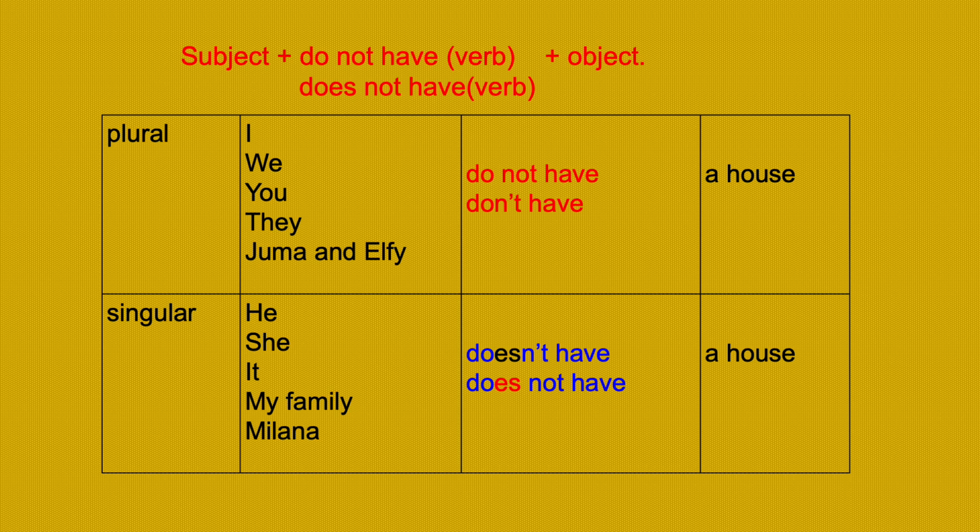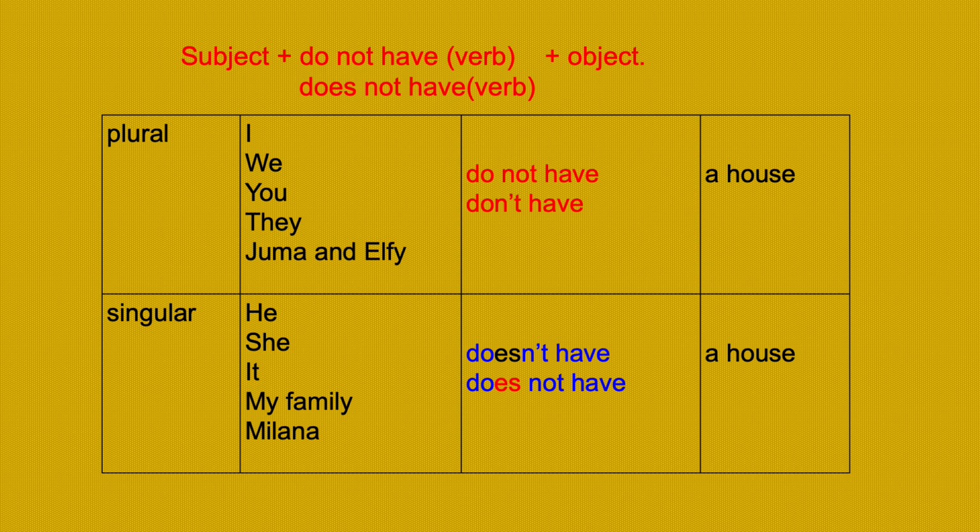Then singular subject, does not have. This is a verb for singular subject and object. Okay, let's learn again. Subject, do not have. So this is the verb for plural subjects. Then object. Then does not have is for the singular subject plus object.